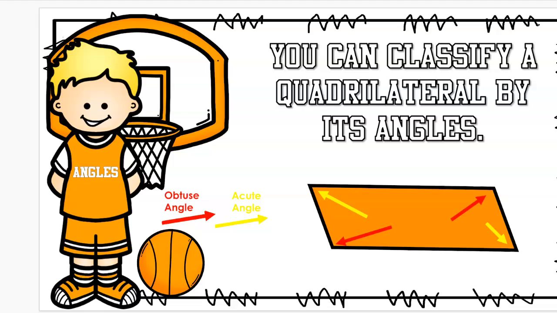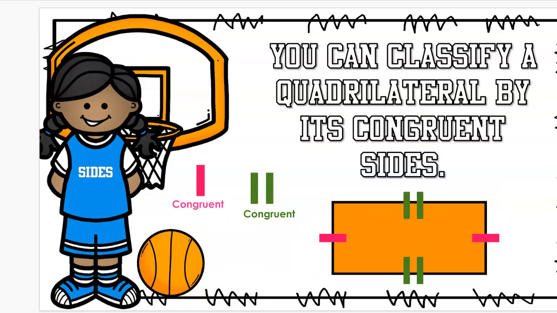You can also classify a quadrilateral by its angles. The angles in this quadrilateral are either obtuse or acute. It has no right angles. Another way is by its congruent sides. Congruent means they are the same size.